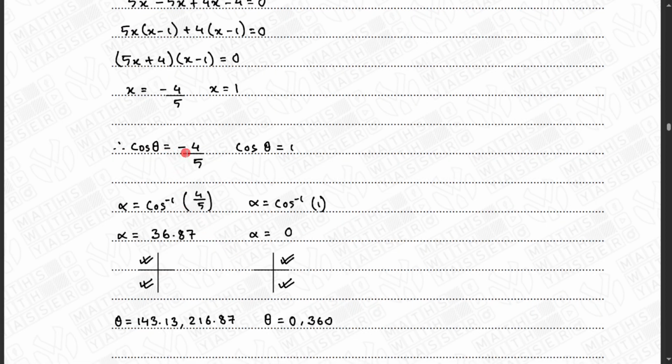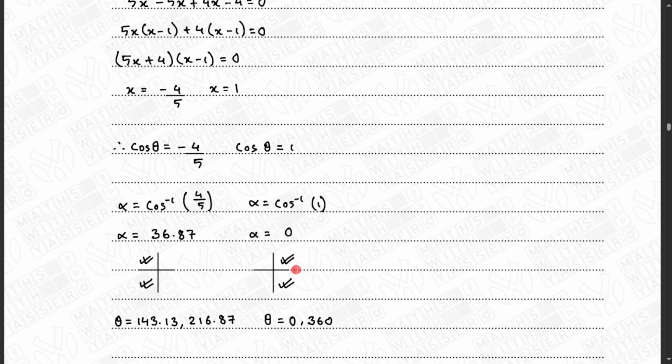And for the first part we have a negative cos, that means it will lie in the second and third quadrant. And positive cos lies in the first and fourth quadrant. So that means our theta will be 180 minus the basic angle, which gives us 143.13, and it will also be 180 plus the basic angle, which will give us 216.87.